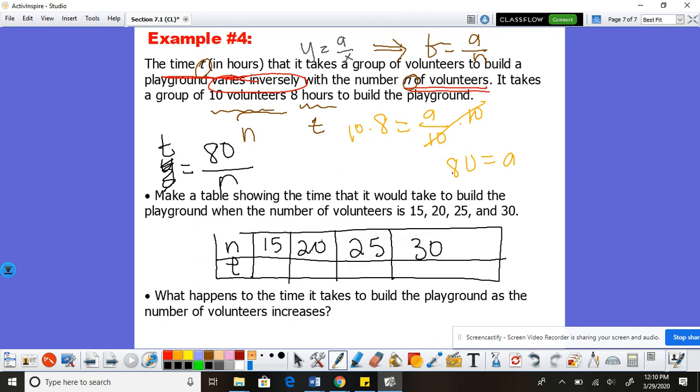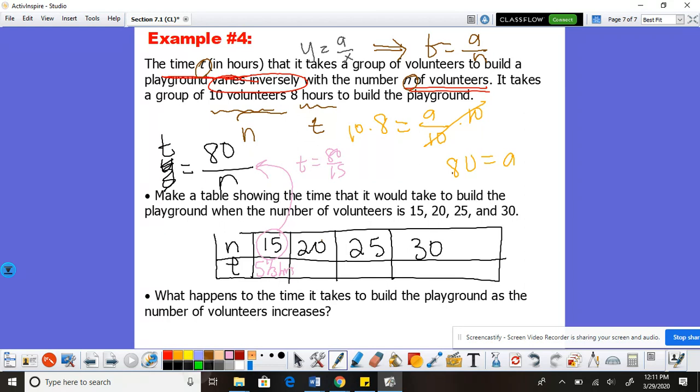Okay, guys, we've done all the hard work. All I'm going to do now is plug this 15 in to get my t. So t equals 80 over 15. I get 5 and 1/3, so 5 and 1/3 hours, which is the same thing as 5 hours and 20 minutes.